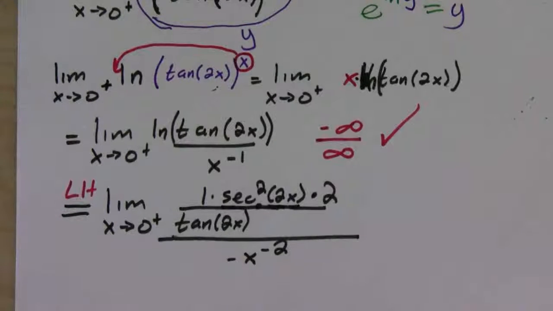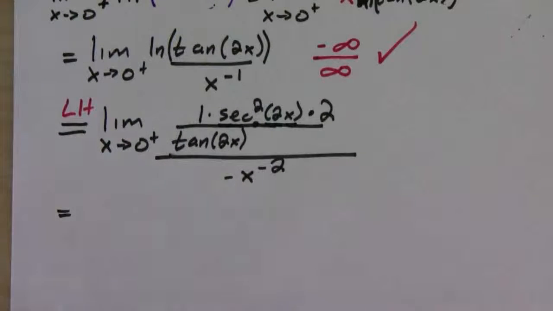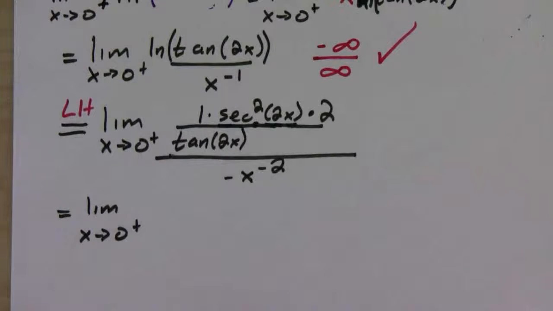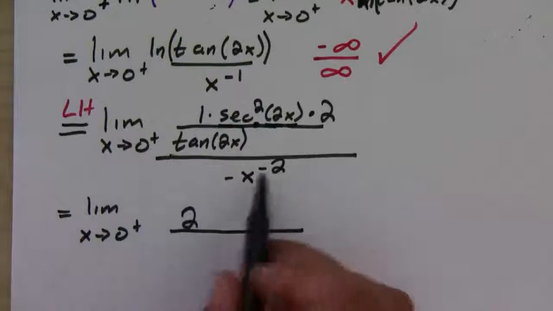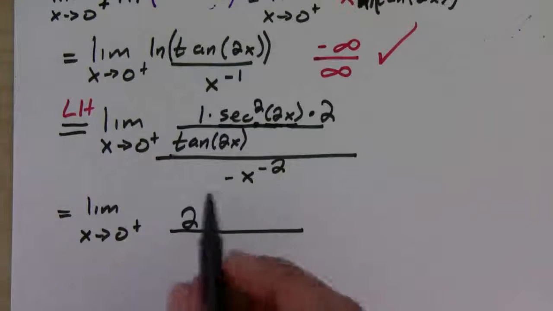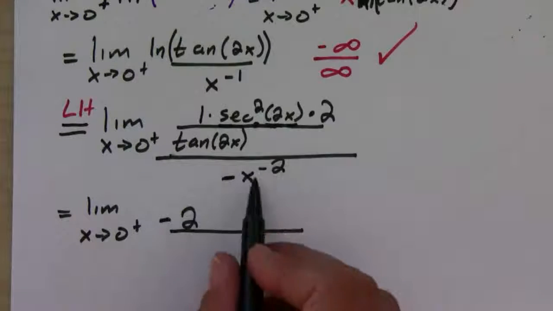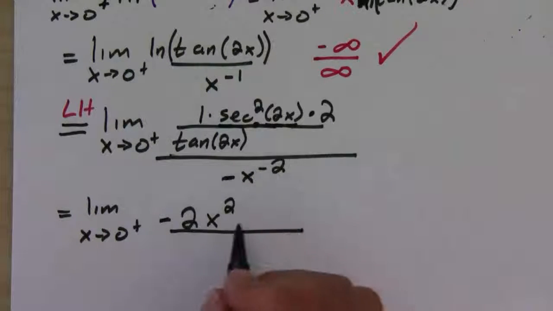Okay, and now if we simplify this a little bit, what we're going to get is the limit as x approaches 0 from the right. On top, we're going to get 2, and actually let me bring the negative sign up. The x to the negative 2, if you invert and multiply, it's going to end up on top positive.